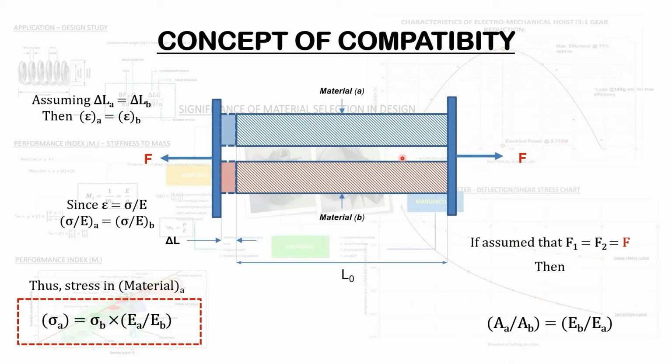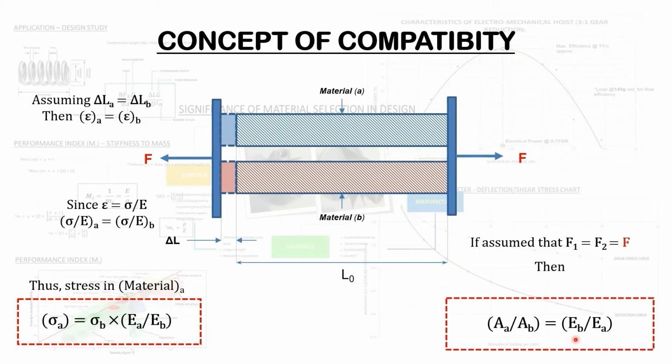So we have a situation whereby we have different materials and different diametric profiles, then this would deduce this formula where the ratio of the cross-sectional areas for material A with respect to material B will be equal to the Young's modulus, or the elastic modulus, for material B with respect to material A.